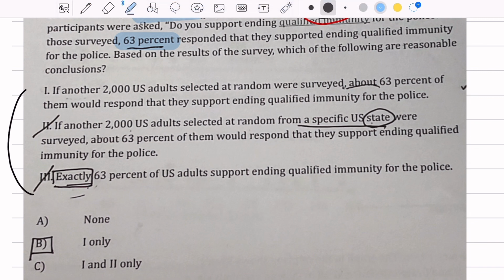Option 1 says if another 2,000 US adults selected at random were surveyed, about 60% of them would respond that they support ending qualified immunity for the police. It's also random, and it doesn't say exactly 63, it says about.